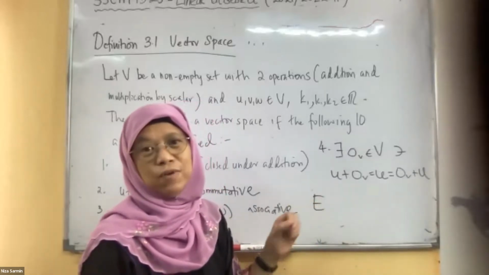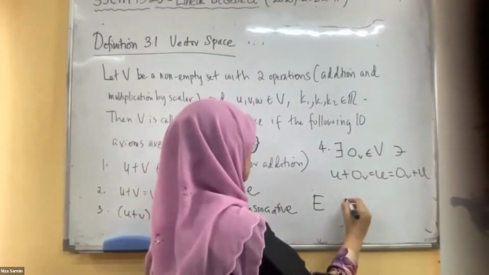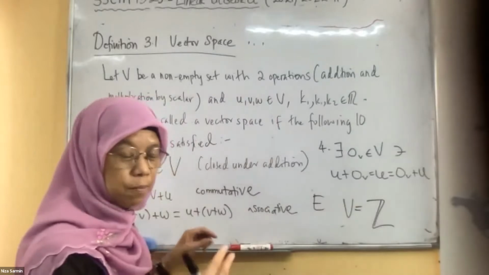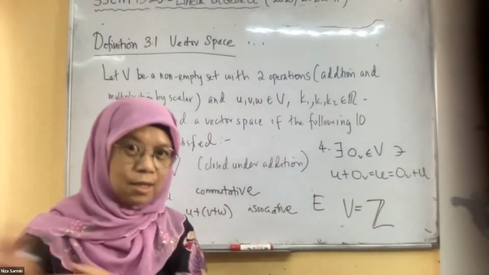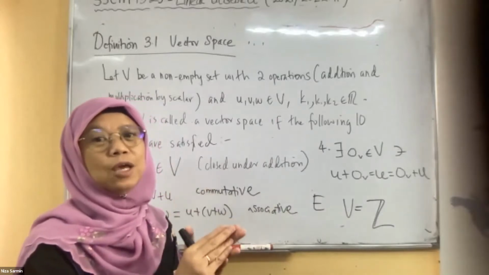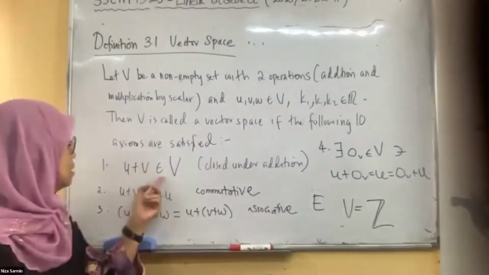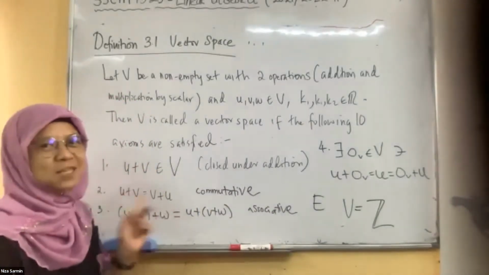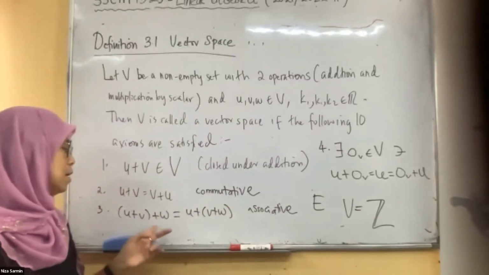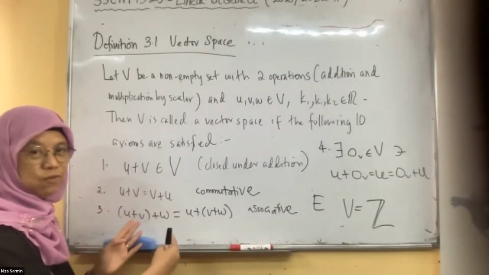For example, if I give you integers, positive numbers, 0 and all the negative numbers, you add 2 integers, you still get an integer. Integers, 2 plus 3 is 3 plus 2, so they are commutative. Numbers, you can add in each way. Associative.